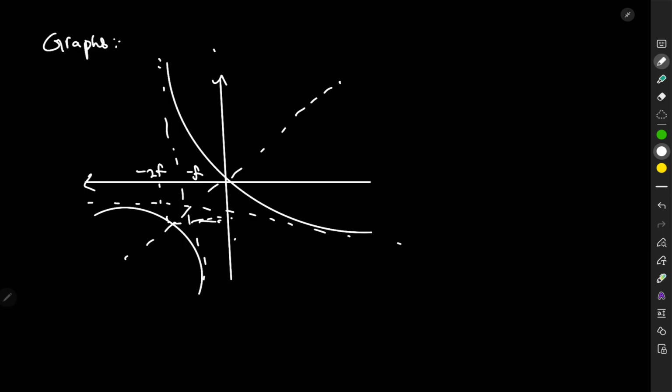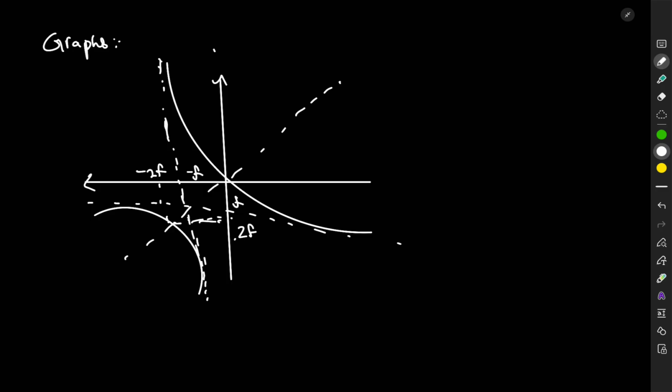This will be 2f, this will be f. I think it's not easily understandable, but listen. See, at this point you can see there is no intersection, which means it's forming an asymptote there. So why is it so?